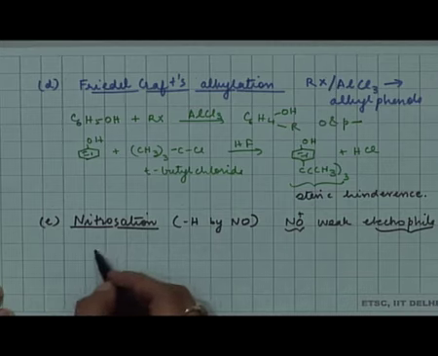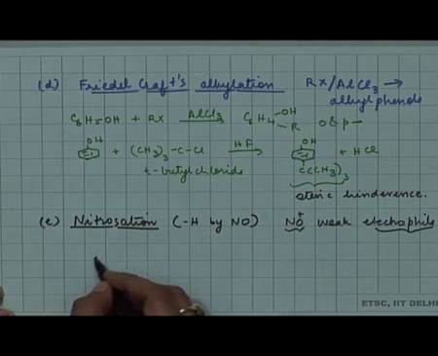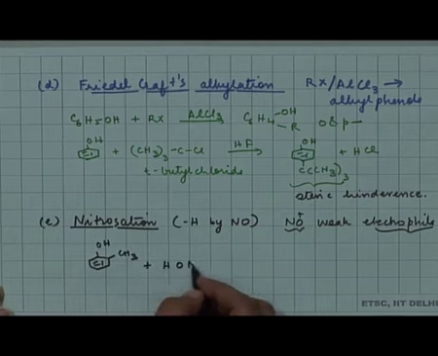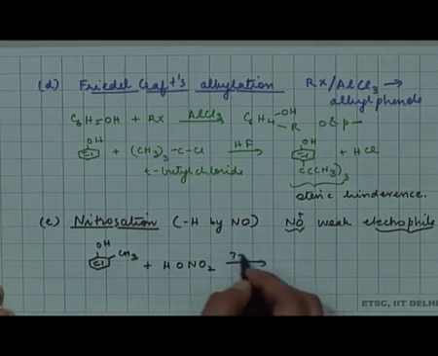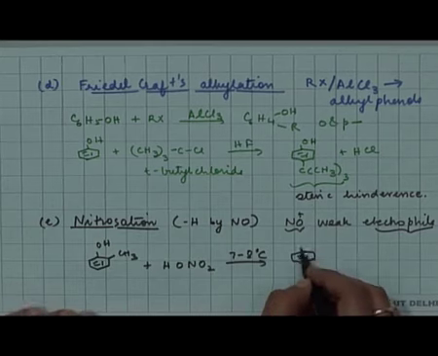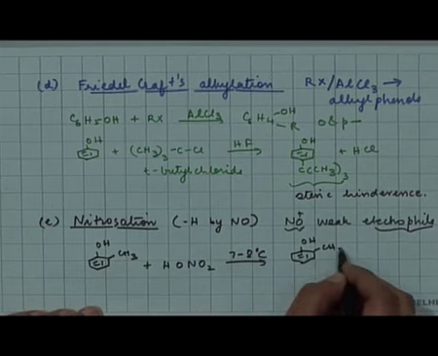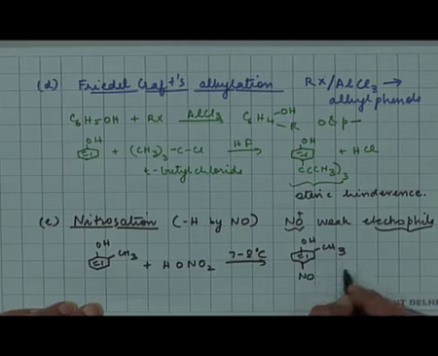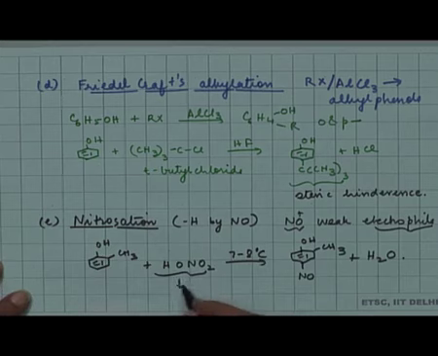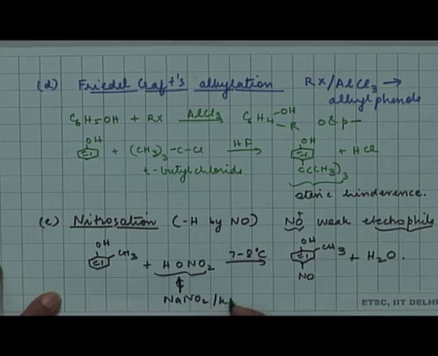So, your reaction involves treatment of the phenol with nitrous acid. So, you take the phenol, treat it with nitrous acid at low temperature, and it undergoes a nitrosation. So, the ortho position is blocked here, it undergoes nitrosation at the para position, and the nitrous acid can be generated, we know, from the corresponding nitrite salt in the presence of the acid.